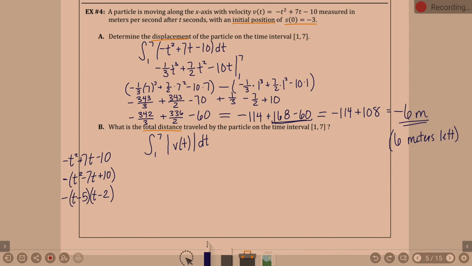So that means I'm going to have zeros at 2 and 5. So if we're thinking about this parabola, we're going to cross at 2 and 5, and we know it's an upside down parabola, yes?